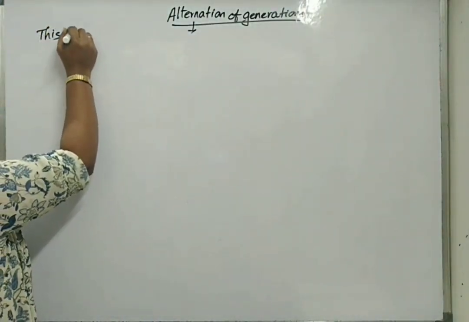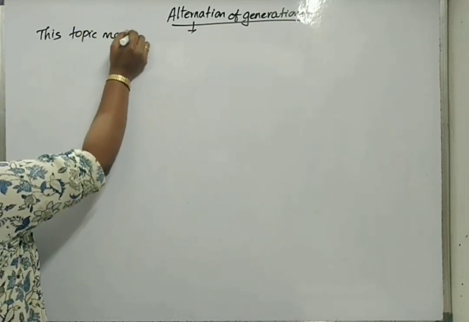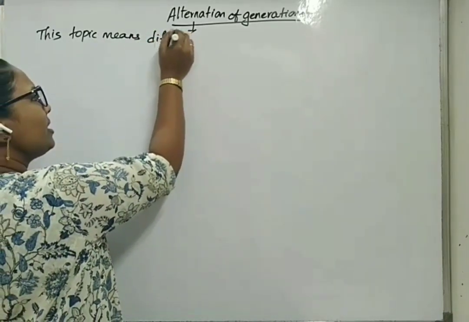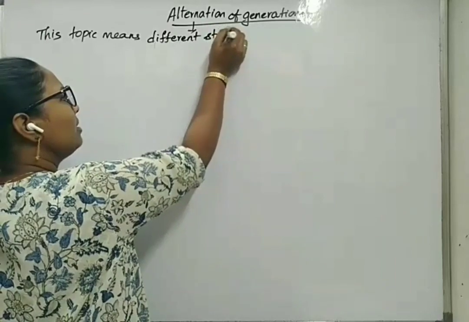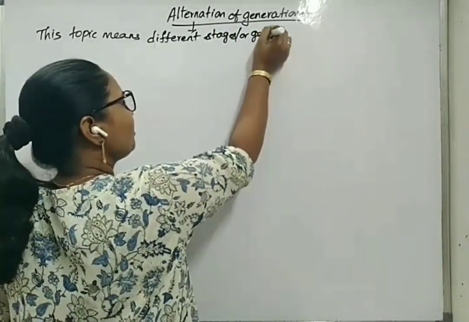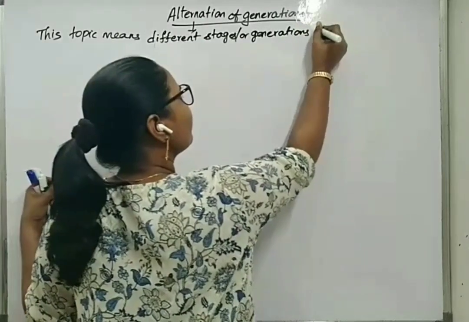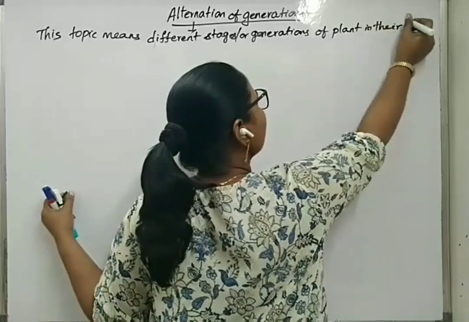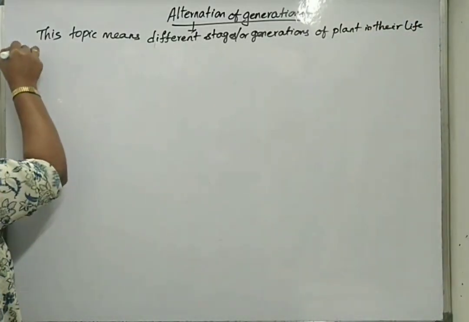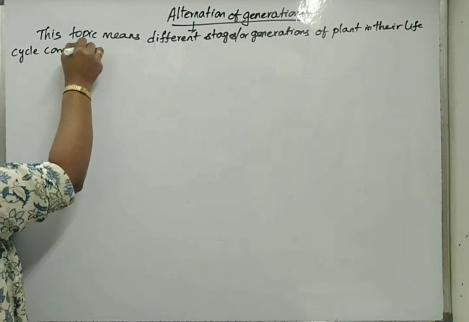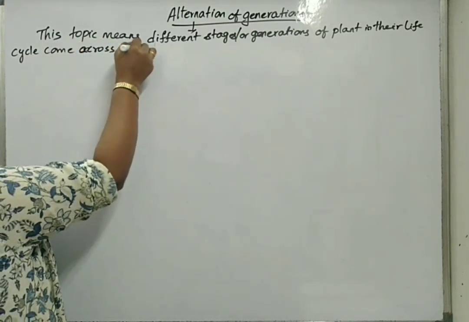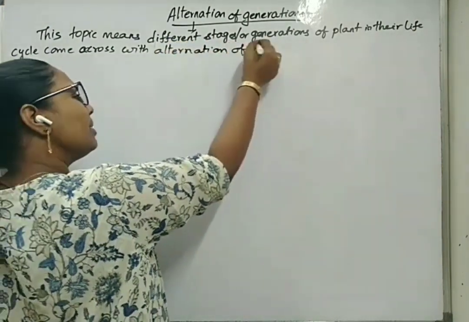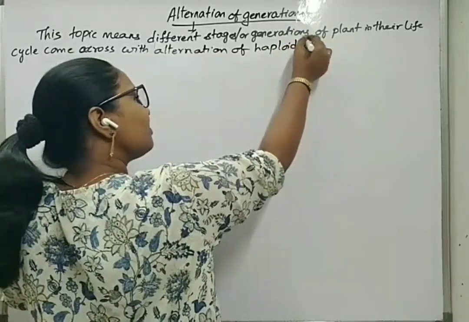This topic means the different stages or generations of a plant in their life cycle, which we come across with alternation of haploid and diploid stages.